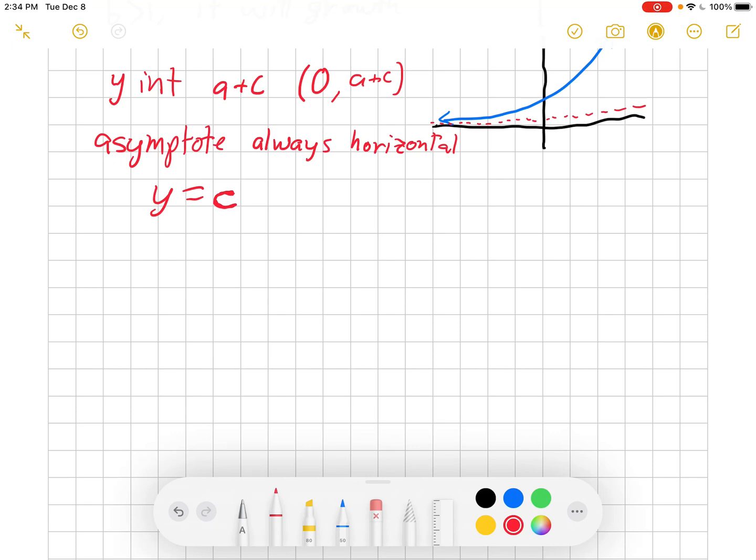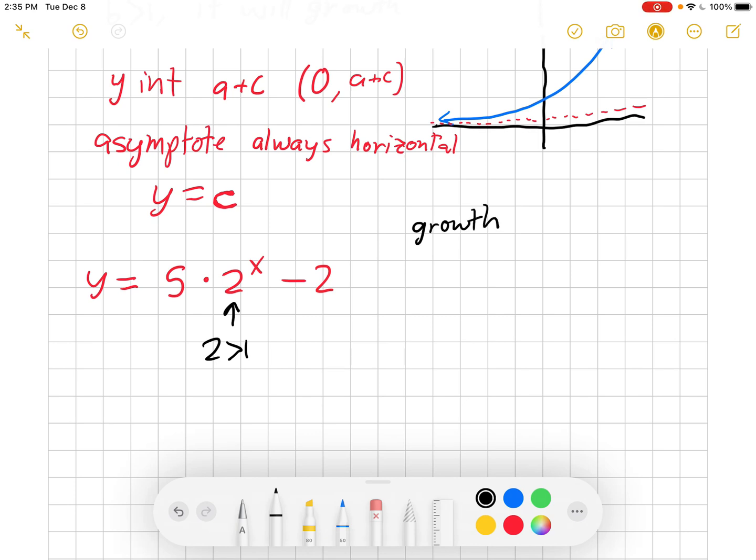So for example, if we had 5 times 2 to the x minus 2, we know right off the bat that our base, our b, 2 is bigger than 1, so this is going to be growth.